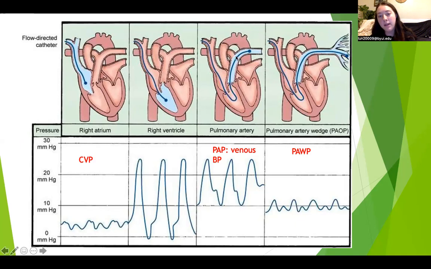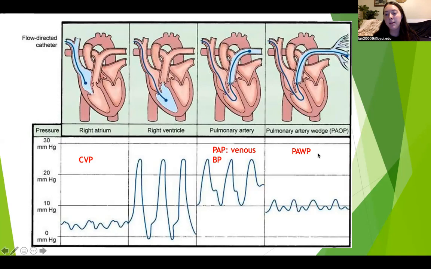And then we feed it up to the pulmonary artery pressure. This PAP is the venous blood pressure. Whenever we take blood pressure, we're measuring arterial blood pressure. But if you want the venous blood pressure, this is it right here. This is also a fraction, about 25 over 10-ish, from the very top to the very bottom of that curve.